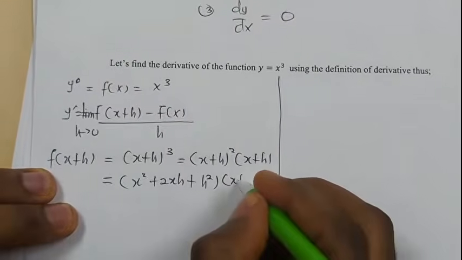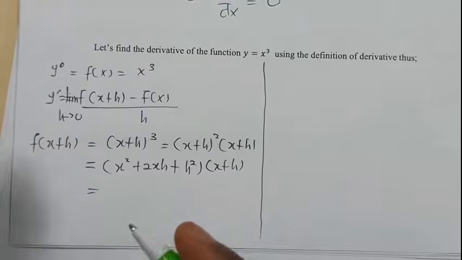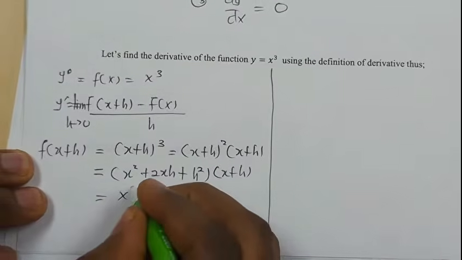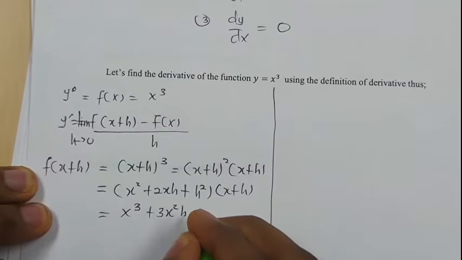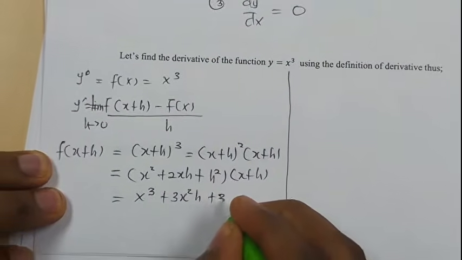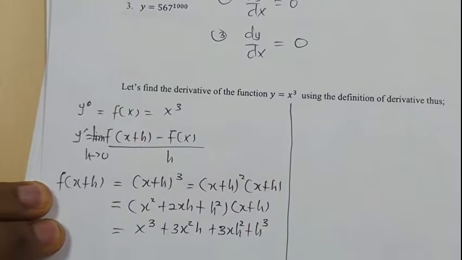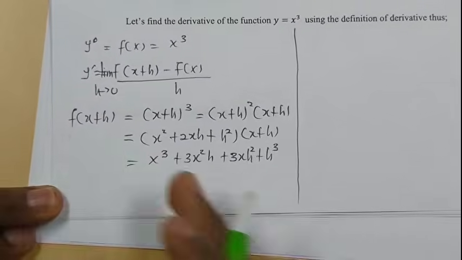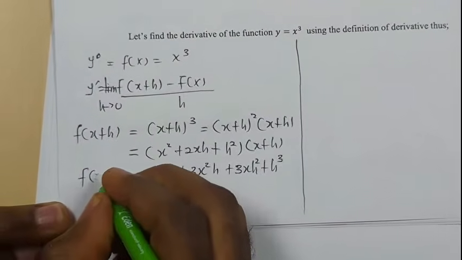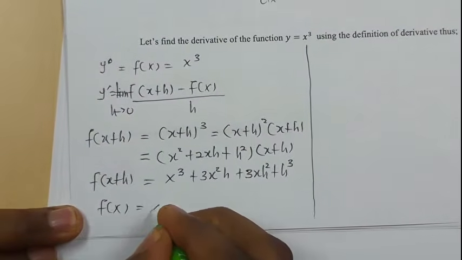Then times our x plus h. When you expand it very well, you end up getting x cubed plus 3x squared h plus 3xh squared plus h cubed. Okay, so now we know that f of x plus h is giving us this, and f of x is just x cubed.